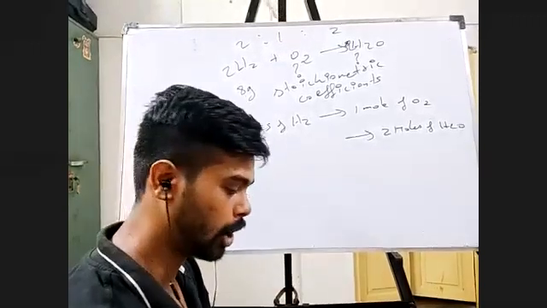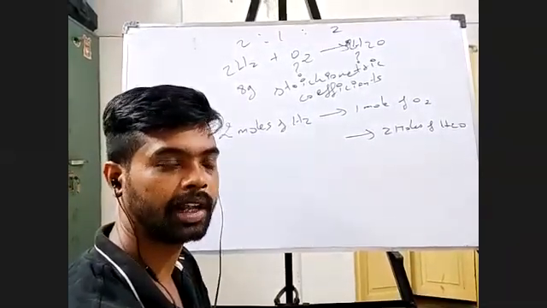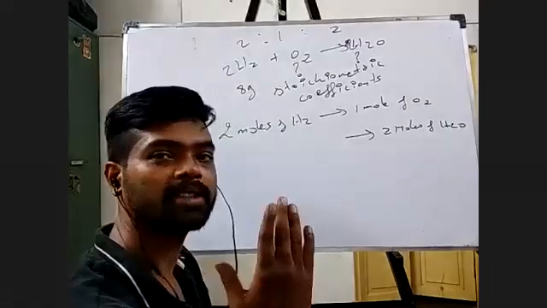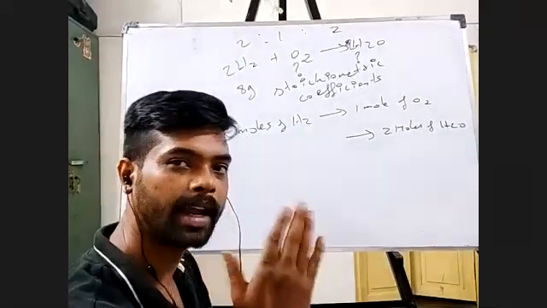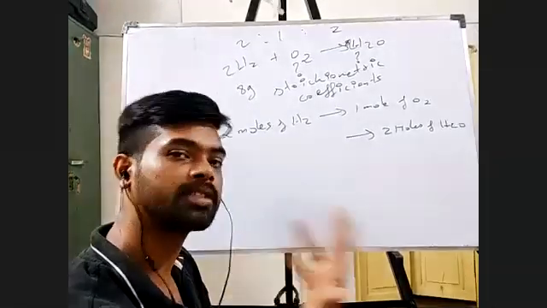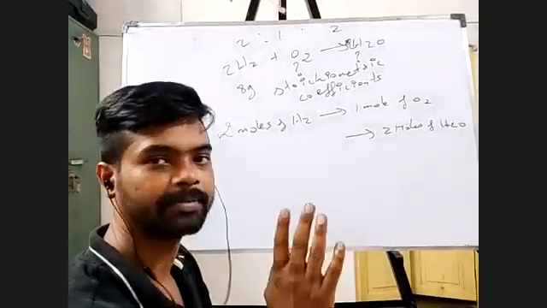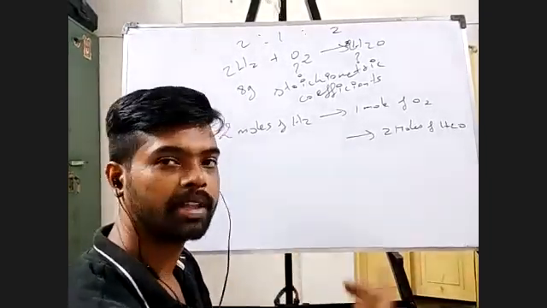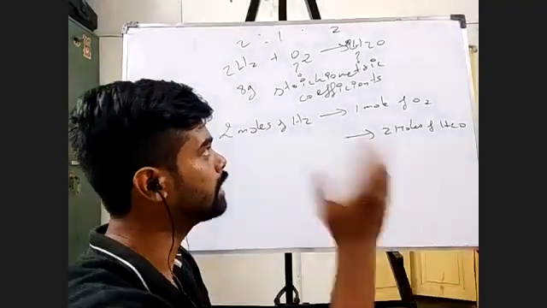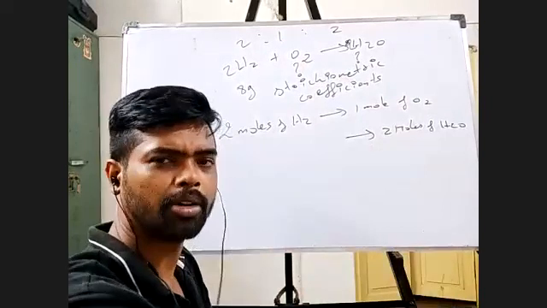Now for simplicity, for making the problems easier to calculate, whatever data is given to you, please convert it in terms of number of moles and then start doing the problem. Eventually, after you find the number of moles of O2 and number of moles of H2O, you will be able to convert it into mass.